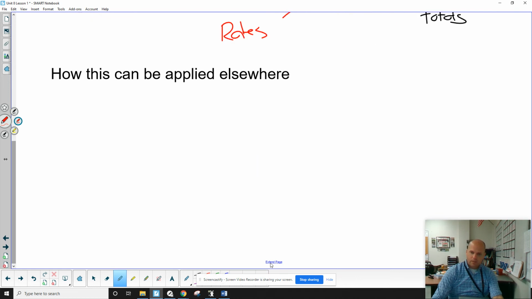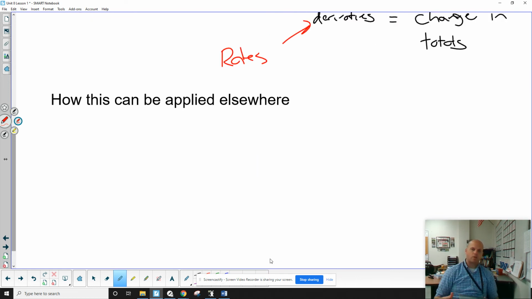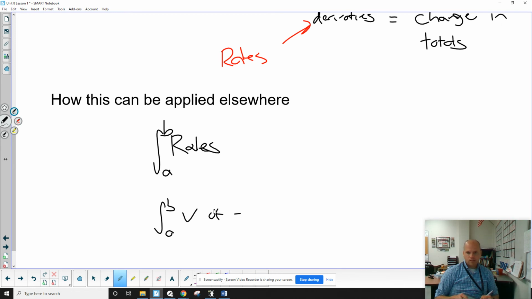How this is going to be applied today is that we are going to be given some rates. Accumulations of rates: areas of velocities give change in position. Accumulations of rates give change in totals.